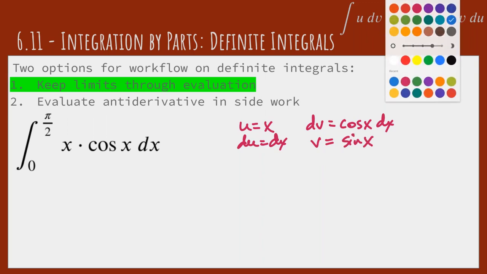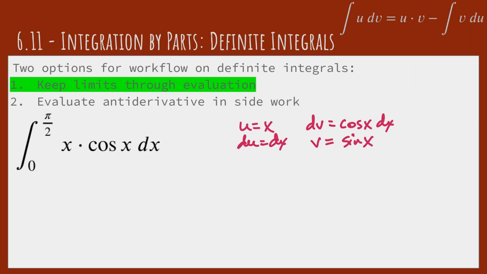And so using the integration by parts formula, just ignoring the limits for now, this expression is going to equal u times v, which is x times sine of x, minus the antiderivative of v du, so sine of x dx. So this is the antiderivative or the indefinite integral.